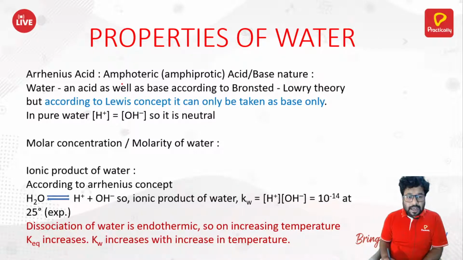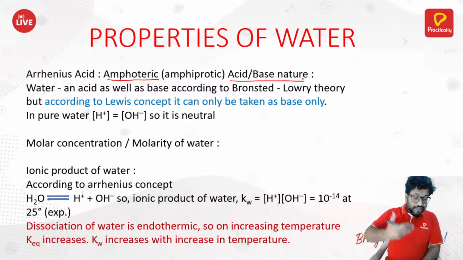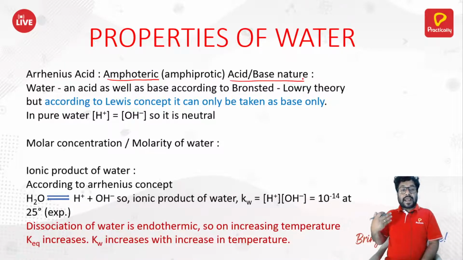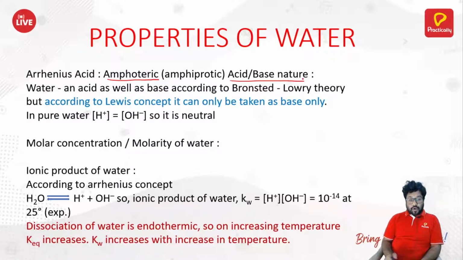For the time being, you know that water is amphiprotic, or amphoteric, in acid-base nature. That means with an acid, water can act as a base, and with a base, water can act as an acid. That is a unique property of water.